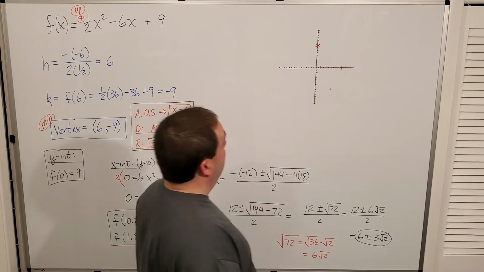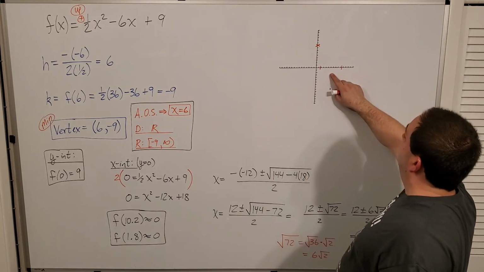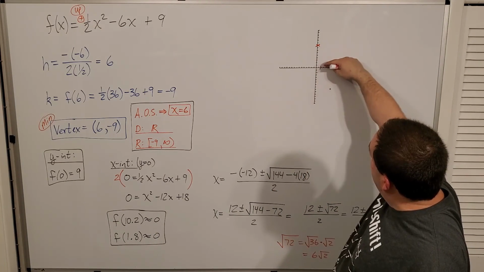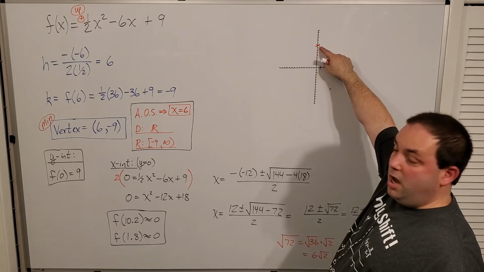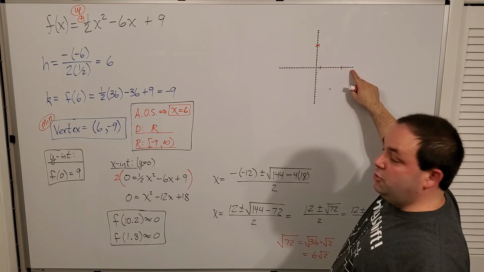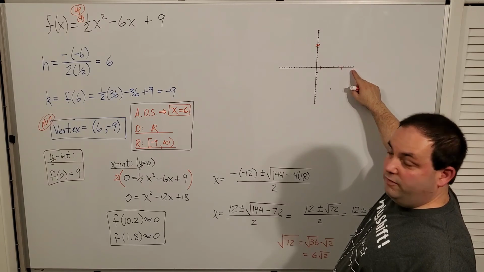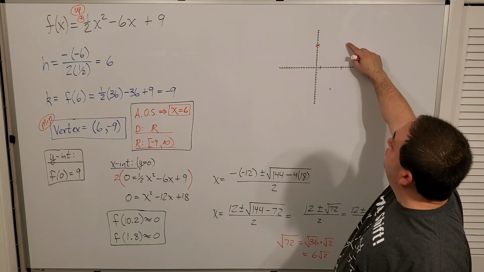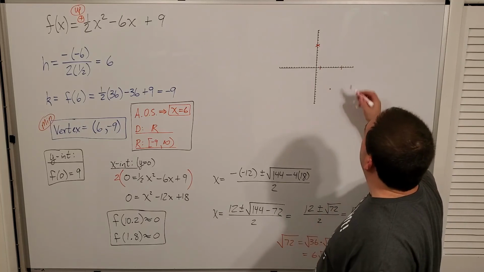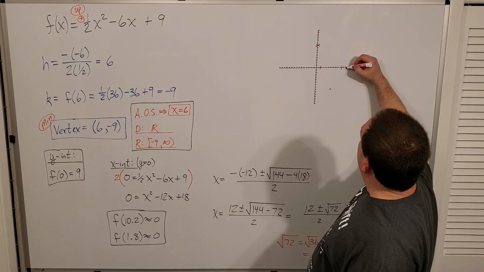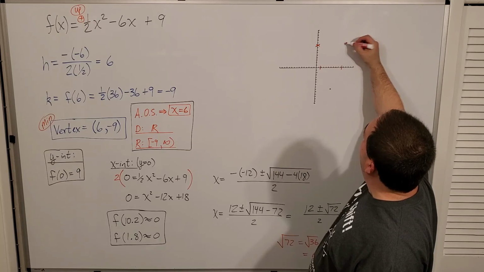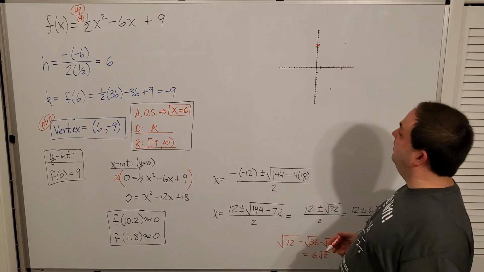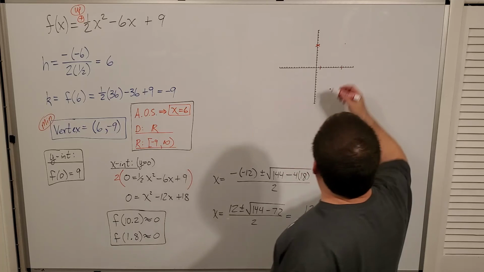We could easily figure out that since the center is at 6 and this point is at 0, 9, then 6 units in the other direction would be 12 on the x-axis, would have to also be up at 9. 11 and 12. 12 is right here, and it would also have to be up at 9 at that point because it's symmetric. It's a symmetric shape, right?